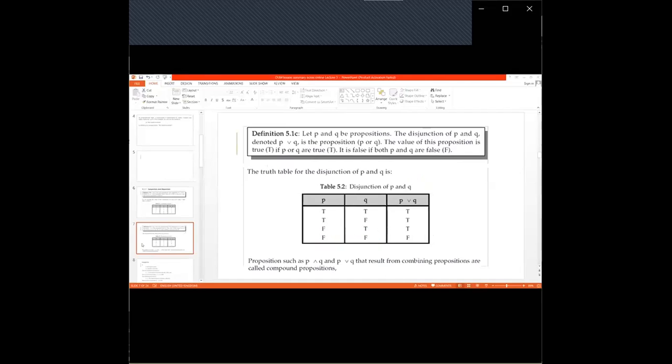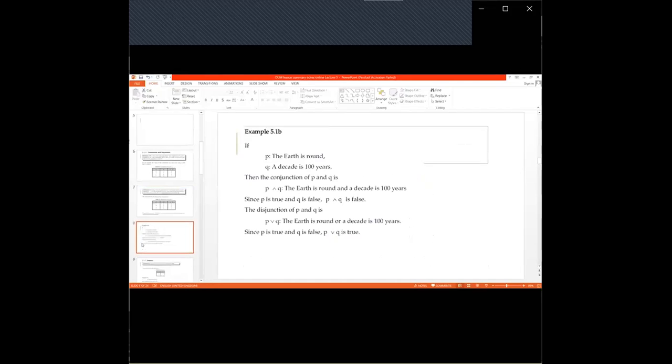Now, we have statements here which we want to conjunct and disjunct. We have the first statement, P, which is the earth is round. And then the statement Q, a decade is 100 years.